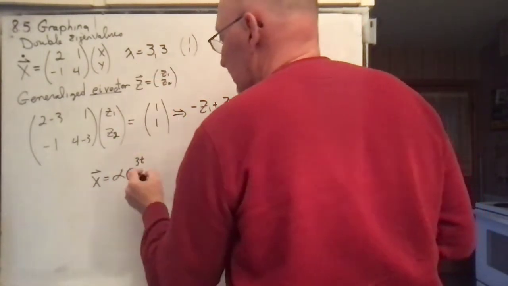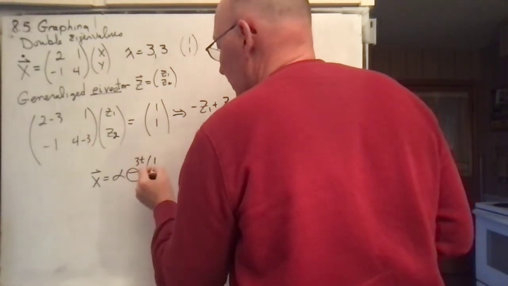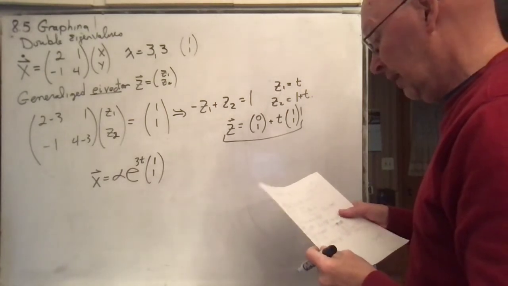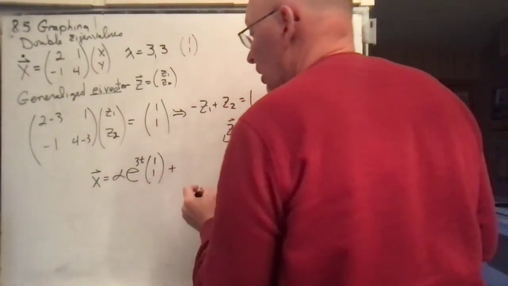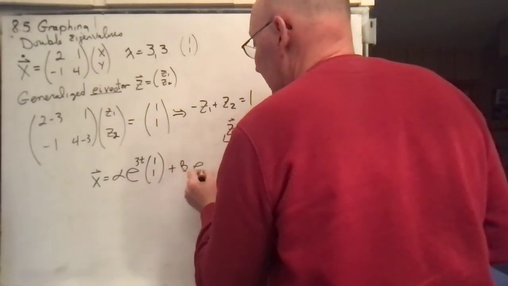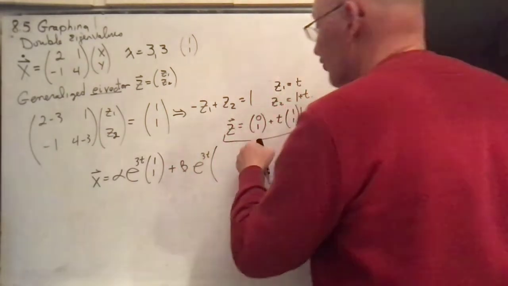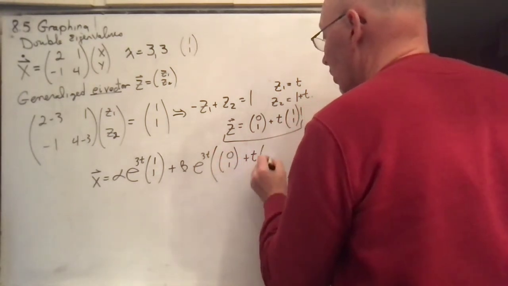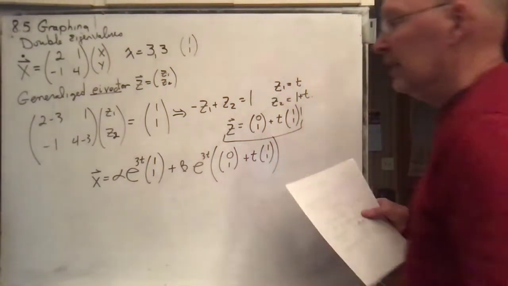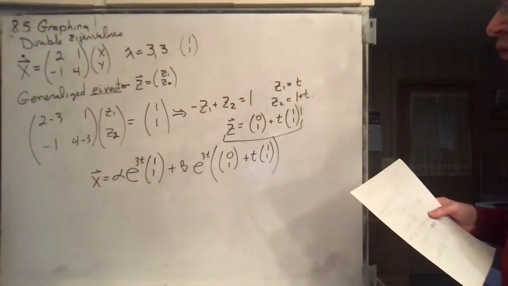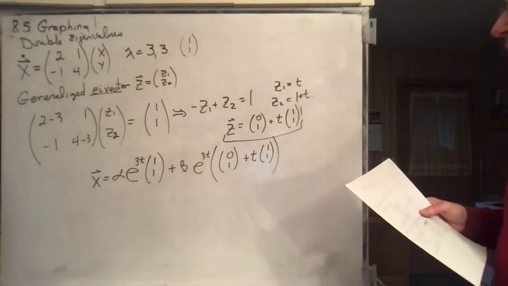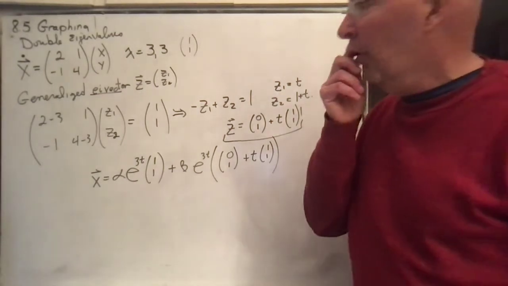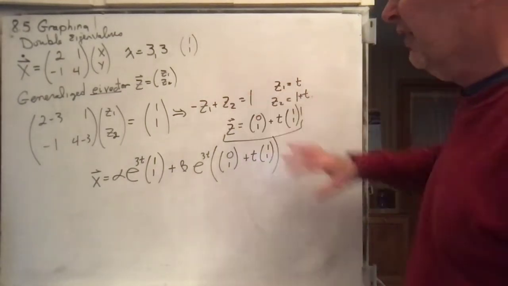E to the 3t times 1, 1, plus beta e to the 3t times this generalized eigenvector, 0, 1 plus t times 1, 1. Okay, so there's your general solution.